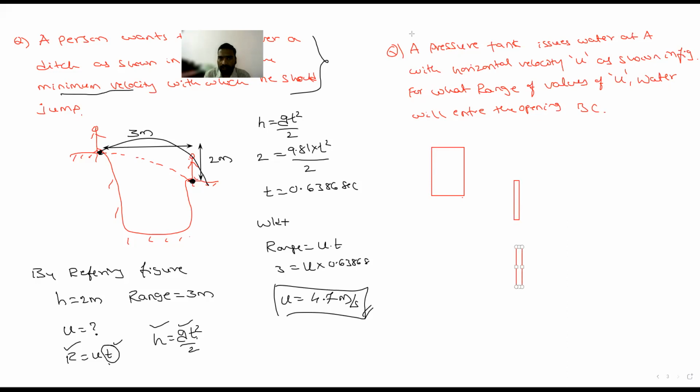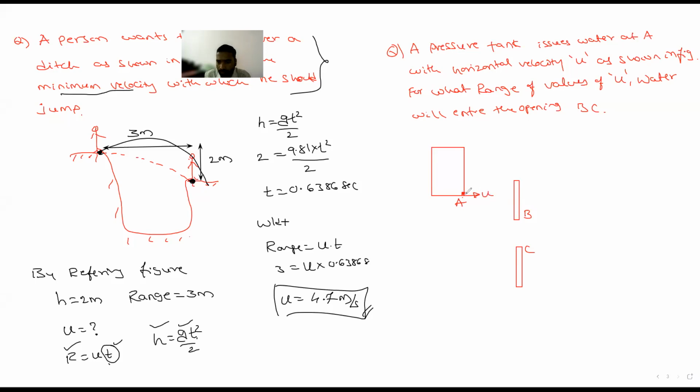Okay, the tank is having an opening here. The water should be falling. This is point A, the opening of the tank, and BC is the gate. He has given the height. This is having horizontal velocity u.